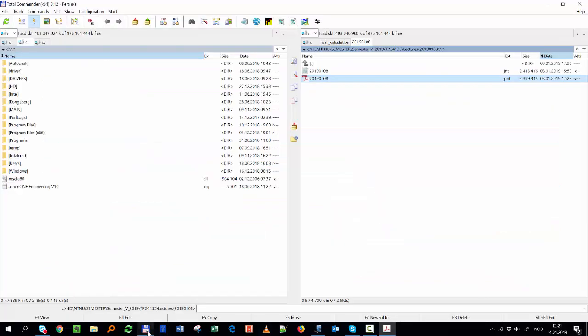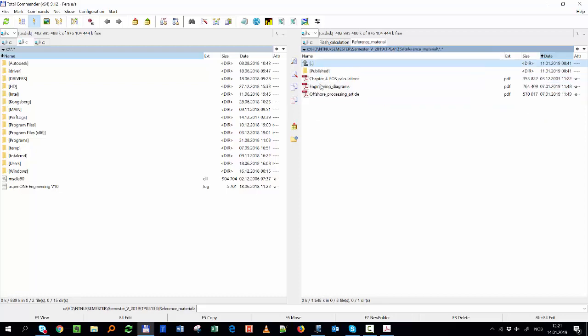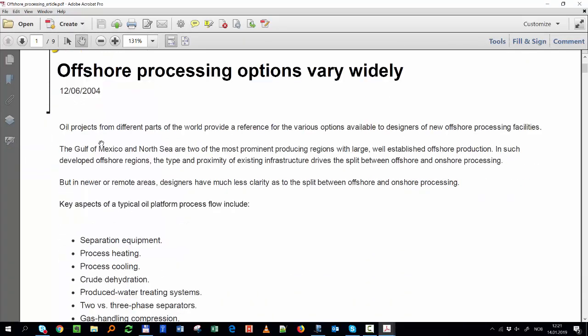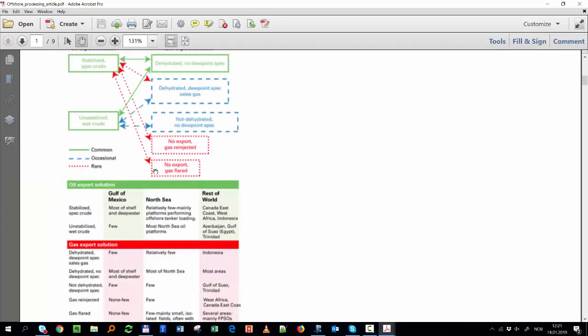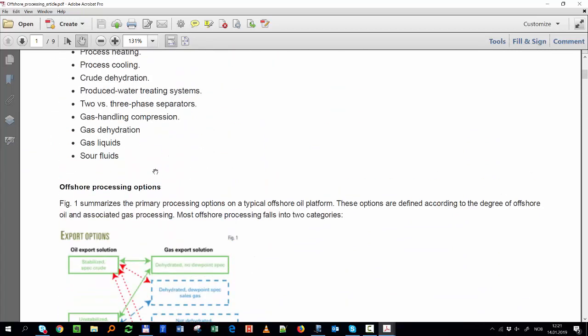Actually, I think I uploaded the reference material. Here. Okay. There is one article from the Oil and Gas Journal by an engineer who was working with John Campbell.